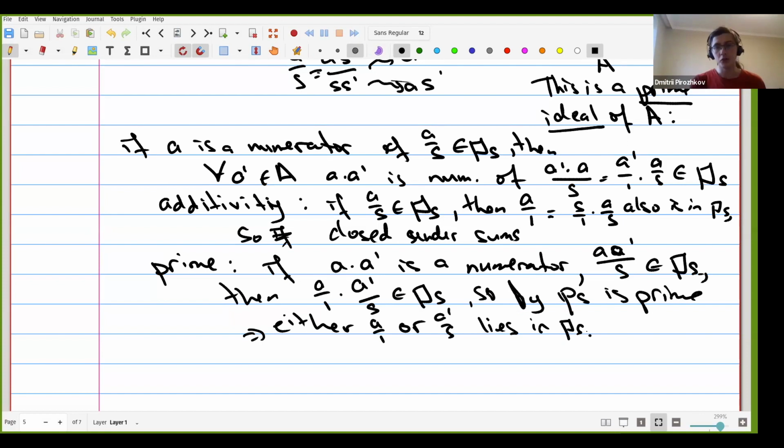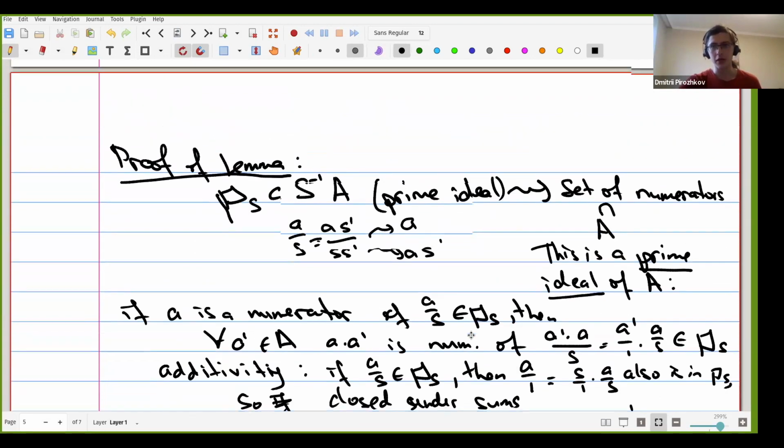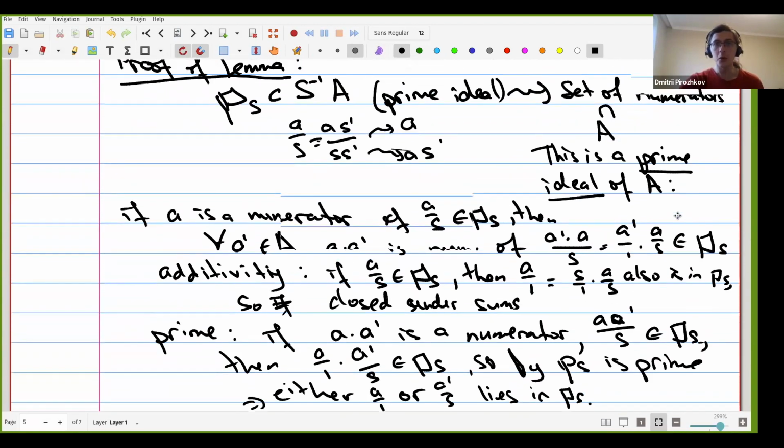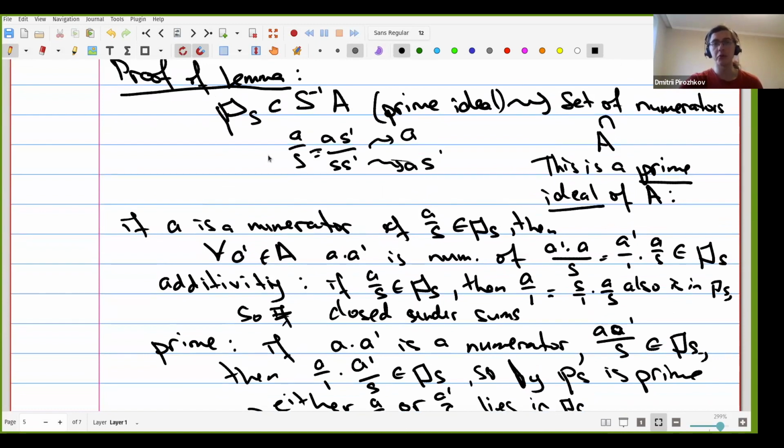And hence the numerator of one of these two fractions will also lie in our set of numerators. So this shows that we started with a prime ideal in the localized ring, and we have constructed, by looking at all possible numerators, a prime ideal in A.